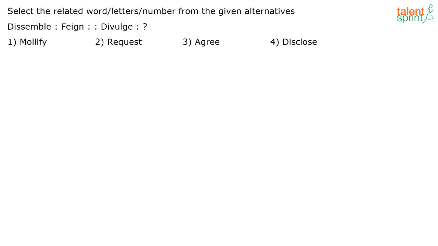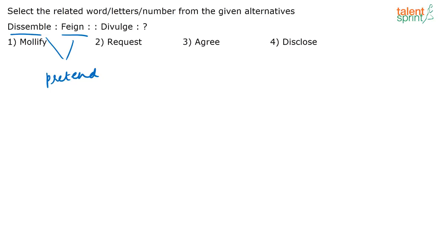Okay. So to solve this question, you need to know the meaning of these words. When you look at the words dissemble and feign, both of these mean to pretend, or let's say to fake or disguise.